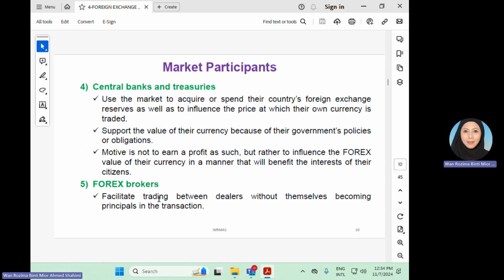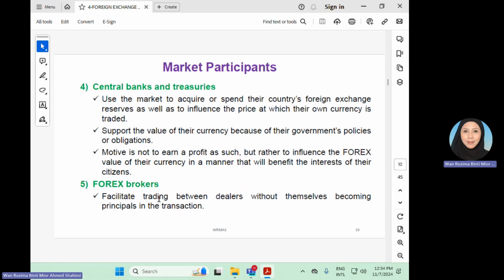Number 4, this one is definitely not for profit seekers, but more to stabilize the value of the exchange rate. Remember the last 2 weeks, we kept talking about direct interventions, where the government buys and sells the currency based on their objective to strengthen or weaken the currency.